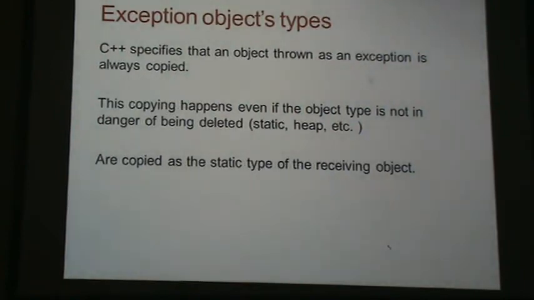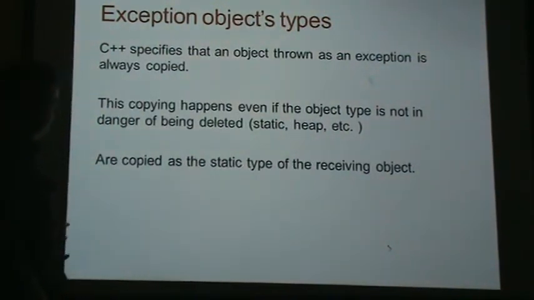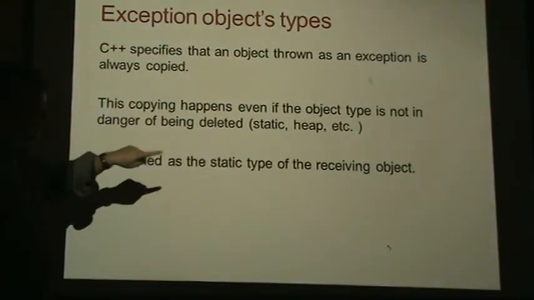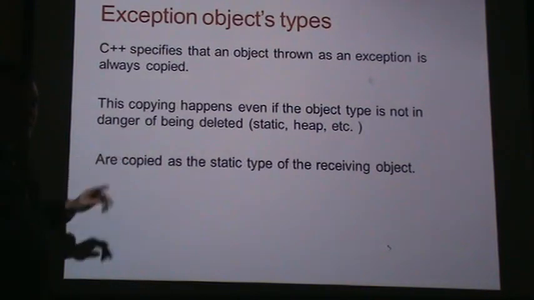Okay, and then just some other side facts on exceptions, the exception types. As far as exception types being thrown, there is another rule about the objects being passed, and they put this rule in place with no exceptions. When an object is passed from whoever is creating it, whoever is throwing it, to the exception handling code, it always makes a copy of the object.